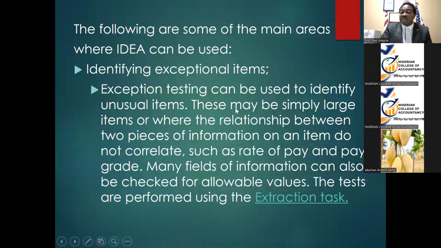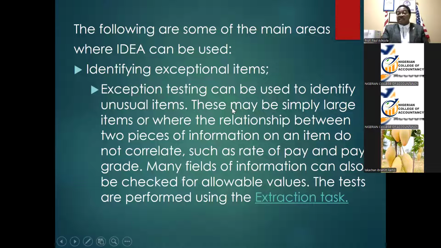And here, when we say exceptional items, we are saying items or transactions that are primary to the goal of the organization, but the occurrence is so high that it calls for attention. For example, how do you justify that somebody is on grade level 2 and you observe that the basic salary of that person is higher than that of the person on grade level 8?